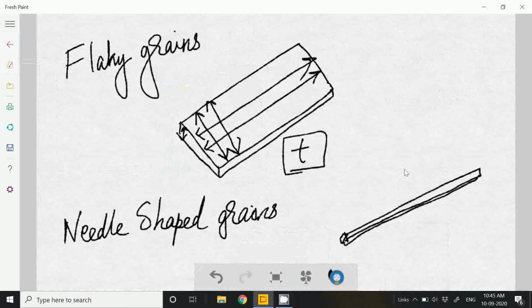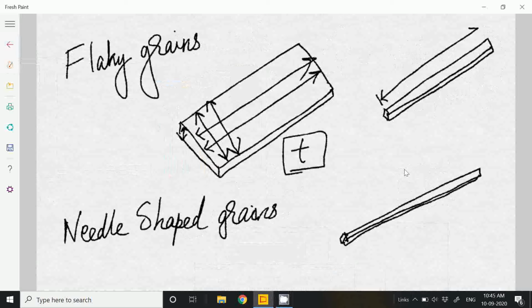Let me draw once more. Like this needle shaped grain, this one dimension is particularly greater than the other two, this one is one, this one is the other. And in flaky grains, one dimension is particularly smaller than the other two. So that is the difference between flaky grains and needle shaped grains.